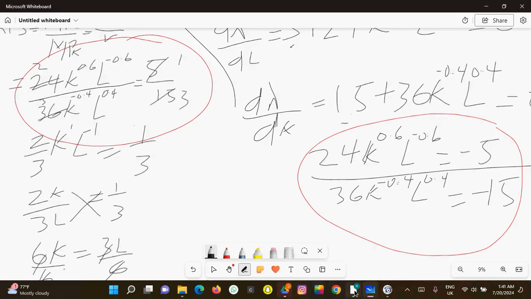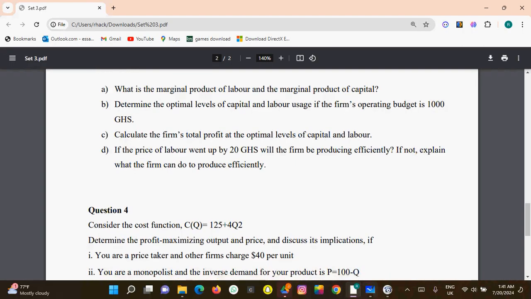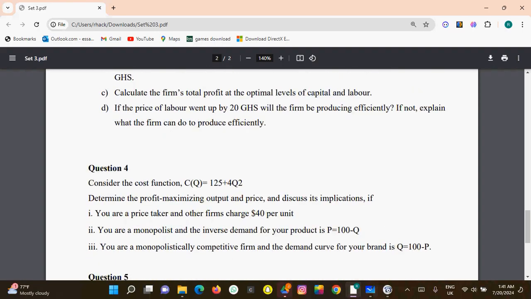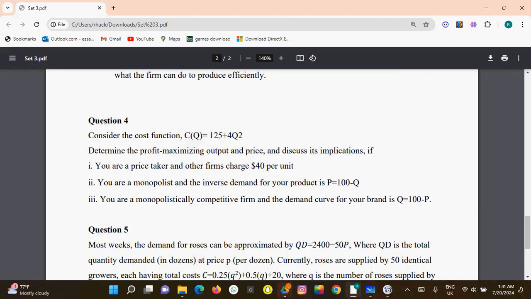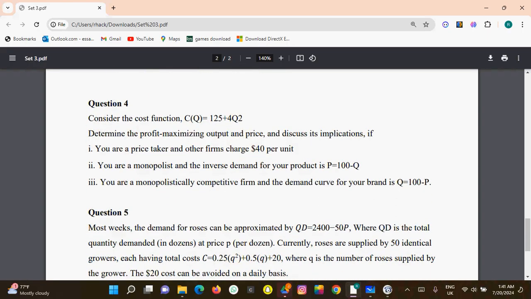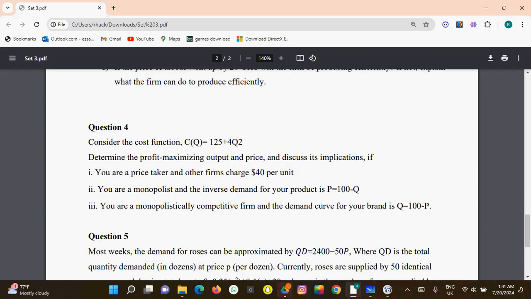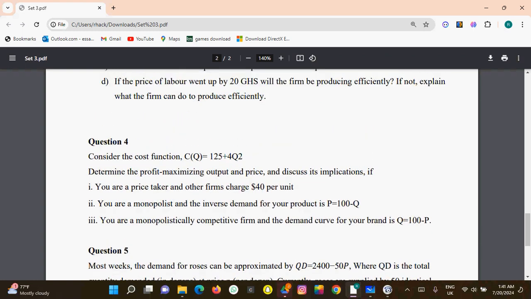So we are done with question 3. And question 4, we solved it on the market structure with just a system, so I'm not going to do this system again. So let's solve question 5.